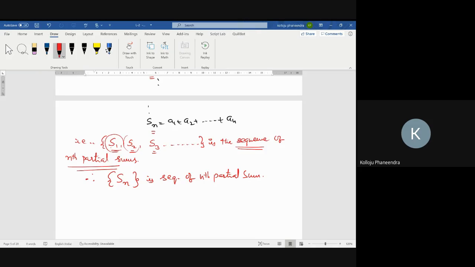Since it is a sequence, it is convergent when its limit value is finite as n tends to infinity. Therefore, if Sn is convergent, then the corresponding series sigma an is also convergent.